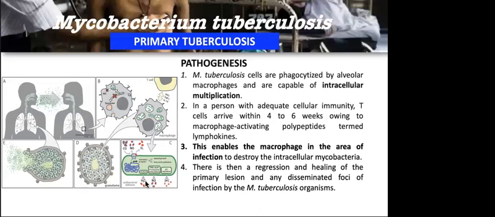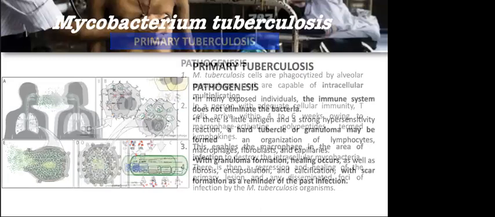So it will undergo caseous necrosis first. There would be cheese-like materials, and then later on it will undergo liquefaction necrosis. And then it will create a scar, which will be visible for a very long time.